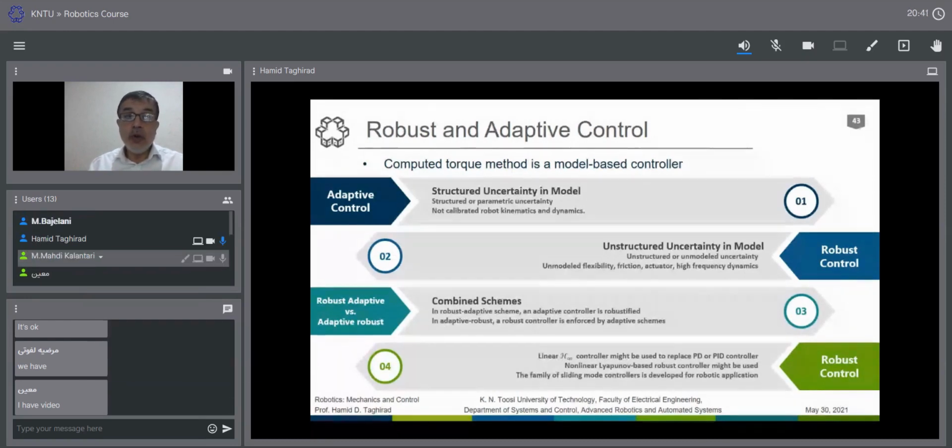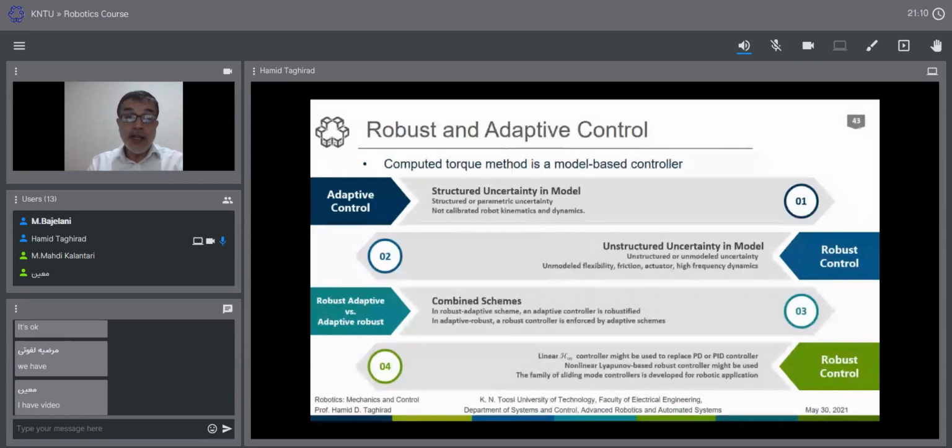And if we don't know them, but we can somehow identify them or find them through online experiment, through online motion of the system, then it is perfect to adapt the model, to change the model during the controller implementation, and then find suitable performance.